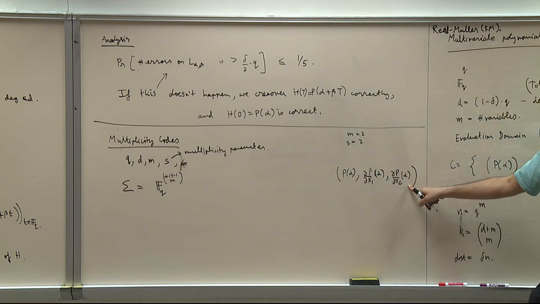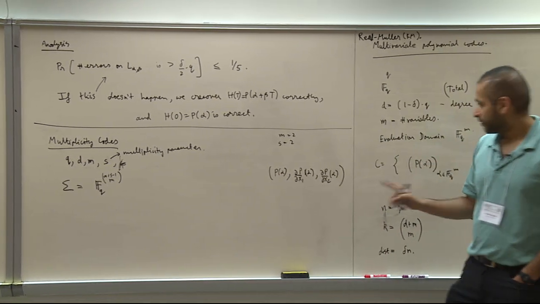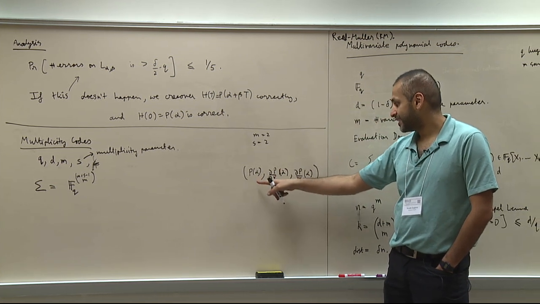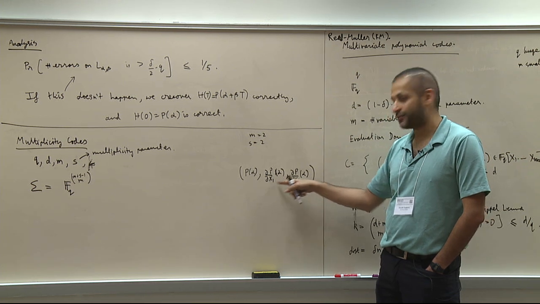These are the kinds of evaluations that we will look at, at all the points of F_Q to the n. Why were there 3? Because it's 1 plus, there's one derivative in each of the variables x1 and x2.